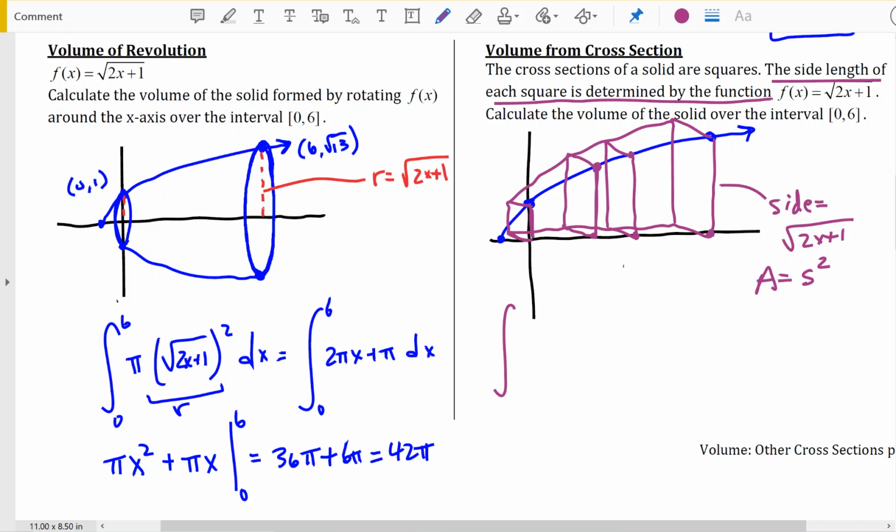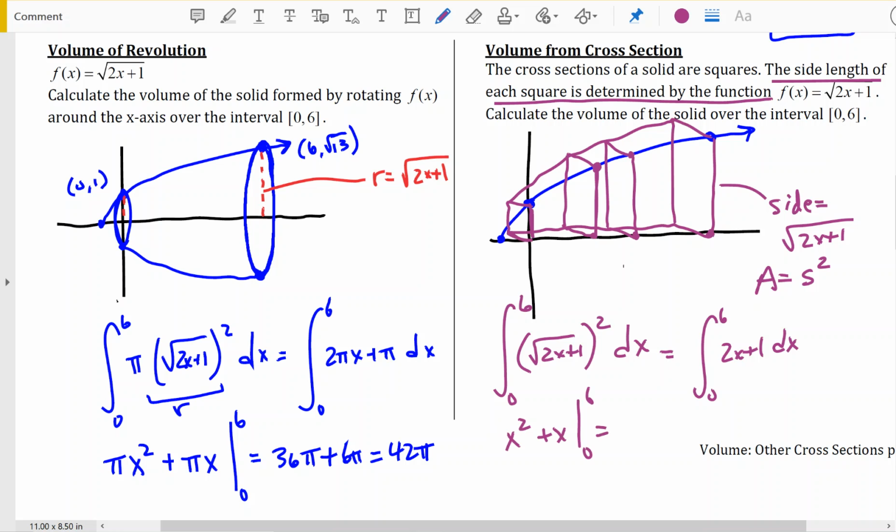So if I want to add up all of these squares, I'm going to go from 0 to 6, and I'm going to add up the side lengths squared, because that's the area of each of these squares. And so we could simplify just a little bit again, 2x plus 1, and do the definite integral here. We're going to get x squared plus x from 0 to 6, which gives us 36 plus 6, which equals 42.